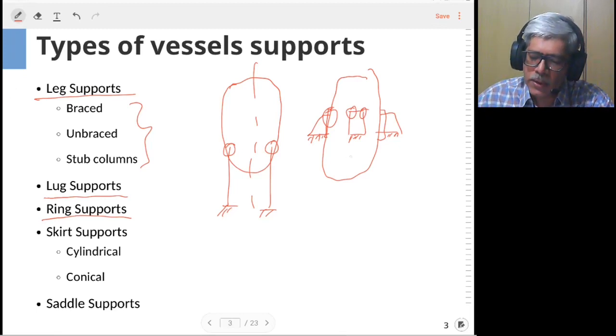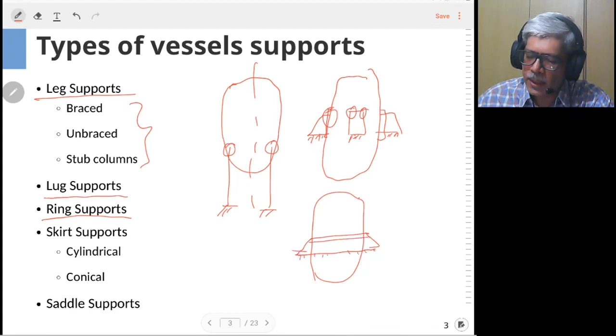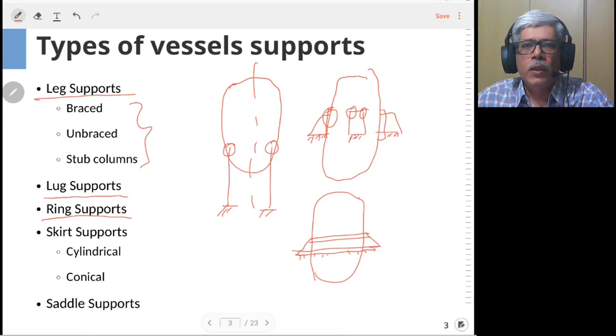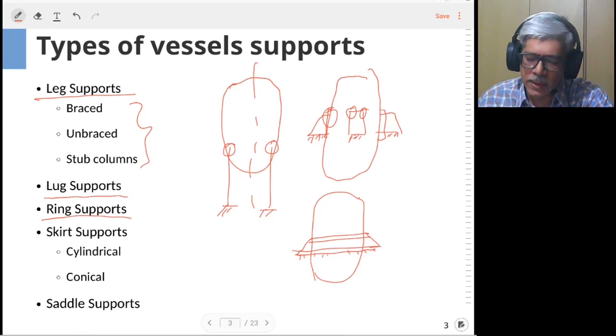In ring supports, you have a support which is attached throughout the circumference of the vessel. So you have the support which is attached for the full circumference of the vessel, and we'll see some cases related to that. The third type is known as skirt supports.